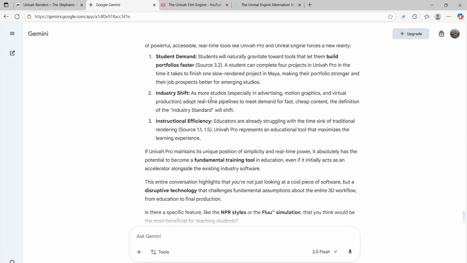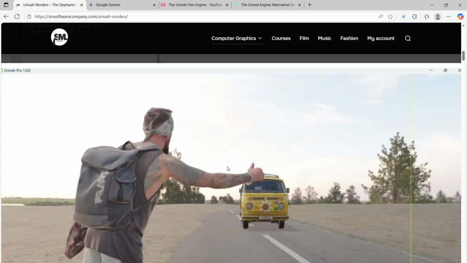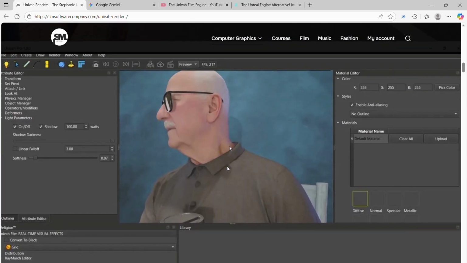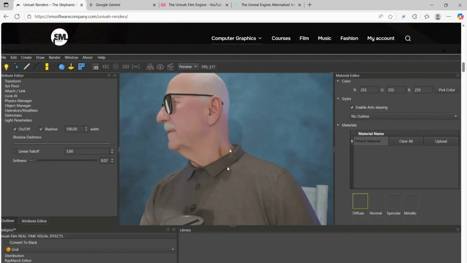Okay, and when we say cheap content, we don't mean cheap in the sense that it's a lesser quality, because again, that's what Univah is all about. Univah is about real time without the compromise. So when we can show people our renders and they have to squint and look really hard to tell if this was V-Ray or if this is real or if it's a 3D render, if they have to really think about it, we know we've succeeded, because you can tell automatically when something is bad quality.